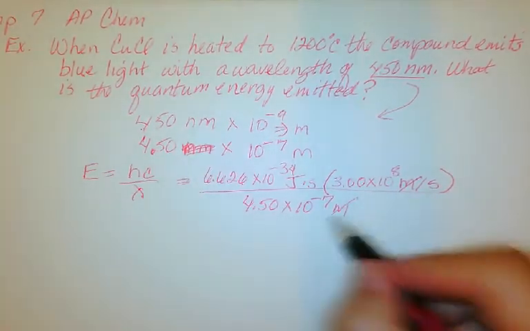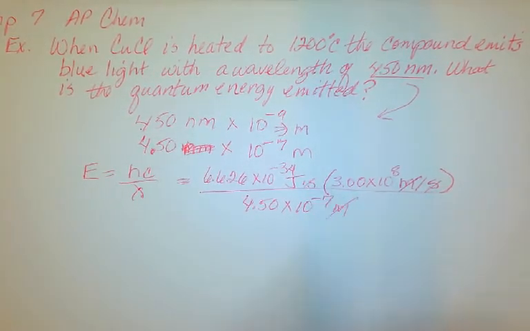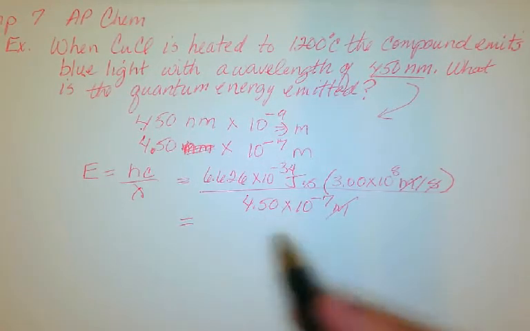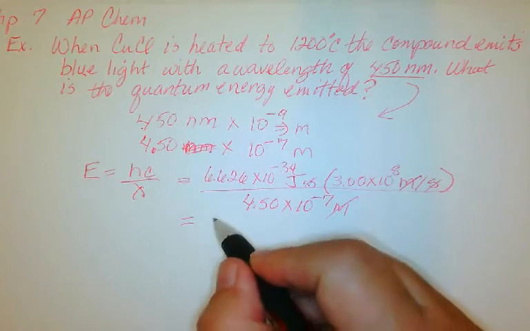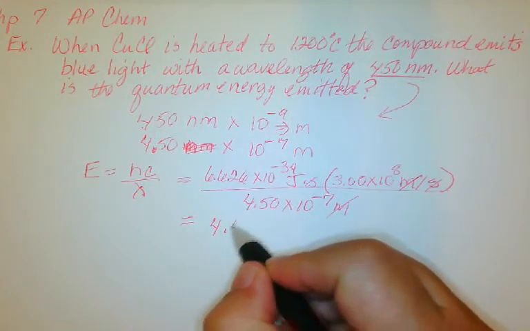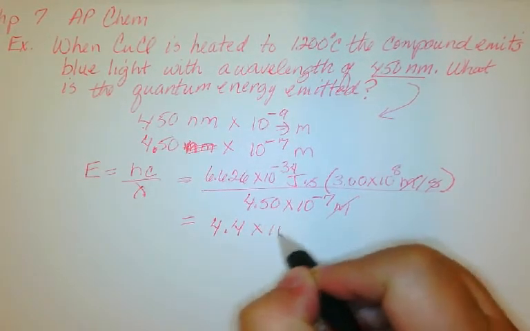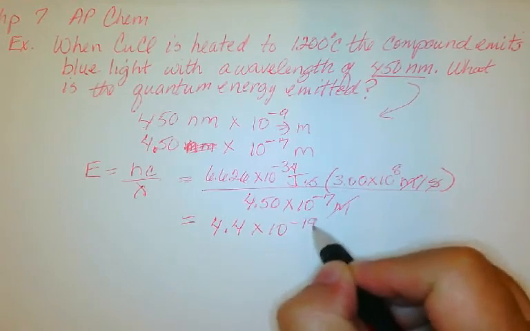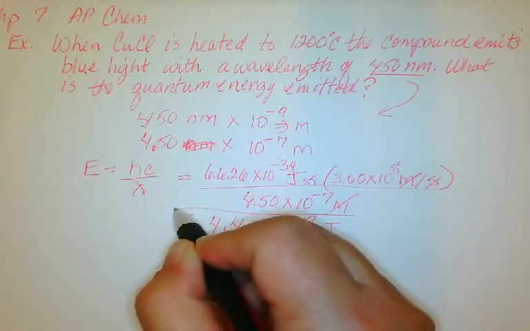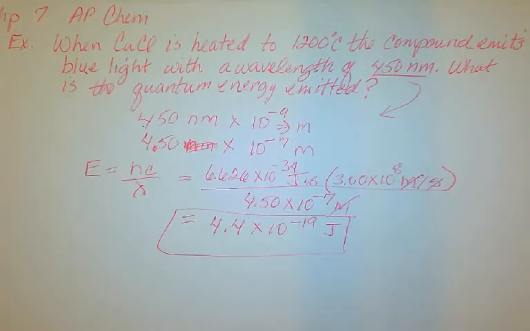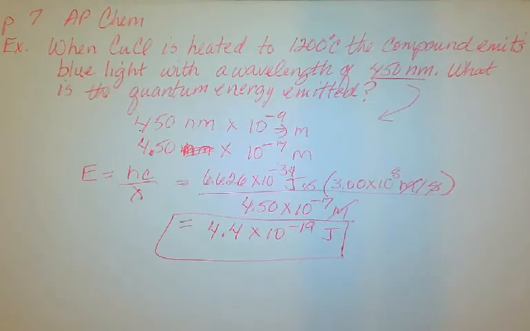Okay, and our meters cancel. Our seconds cancel, and the only thing we have left is joules of energy. Multiplied out and rounded, we're going to end up with 4.4 times 10 to the negative 19th joules of energy. Okay, and that completes the first example problem.